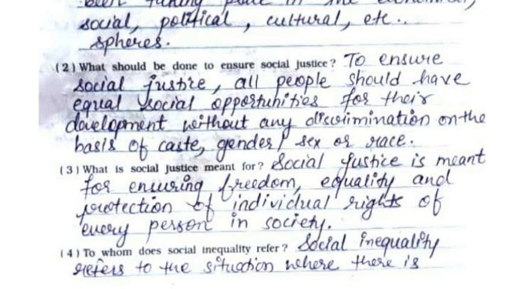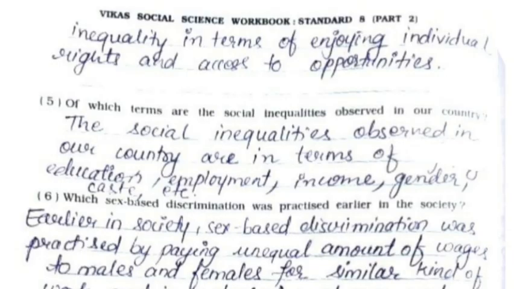Social inequality refers to the situation where there is inequality in terms of enjoying individual rights and access to opportunities. Fifth one, of which terms are the social inequalities observed in our country? The social inequalities observed in our country are in terms of education, employment, income, gender, caste, etc.